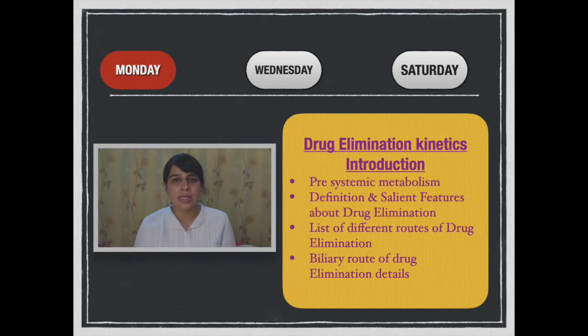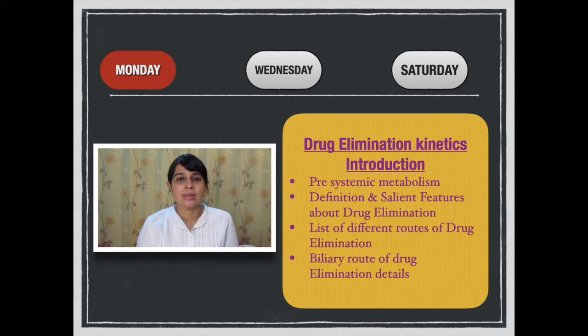So on Monday, we did the introduction to the elimination kinetics of drugs, and in that I told you first of all about the pre-systemic drug metabolism. The pre-systemic drug metabolism is also known as the first pass metabolism.